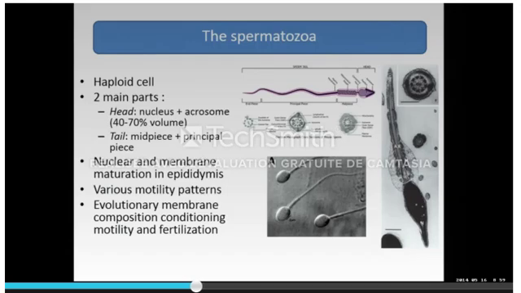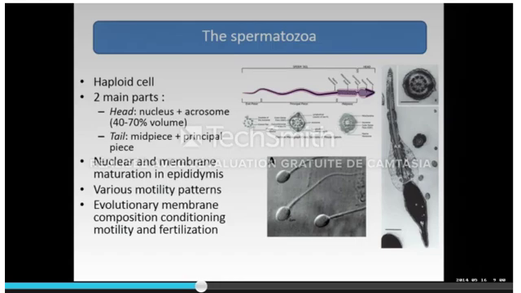Nucleus and membrane do not stay the same all along spermatogenesis and all along sperm life. They undergo a very important evolution, a very important maturation, and especially during storage and movement in epididymis.